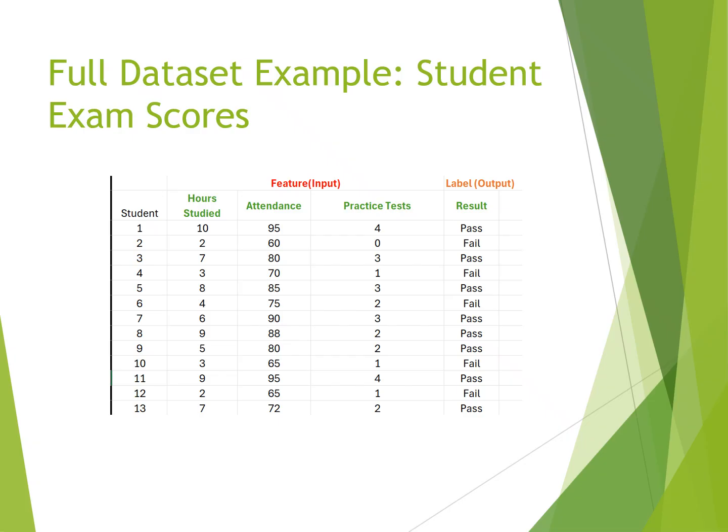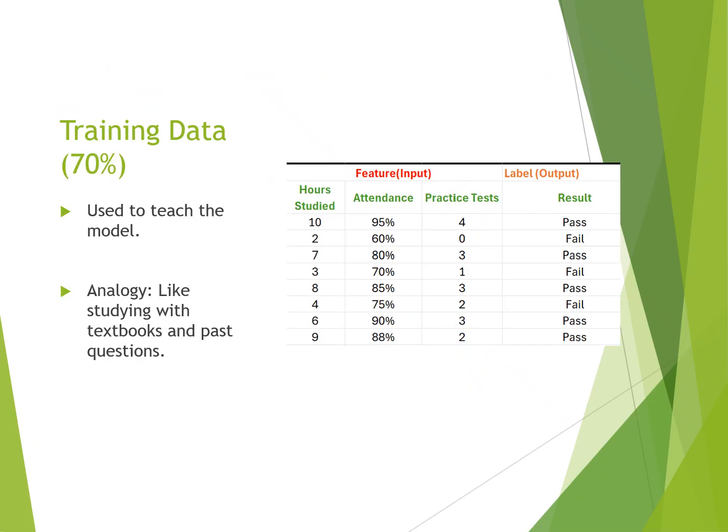Once we do that, next, we are going to look at the training data. From the previous data, out of the 13 students, we are going to take a few, probably 70% of the data, and we are going to load the actual answers. Like if he studied 10 hours, attended 95% of the class, and practiced 4 tests, and he passed, same way we'll load.